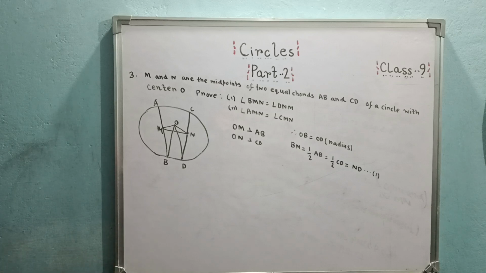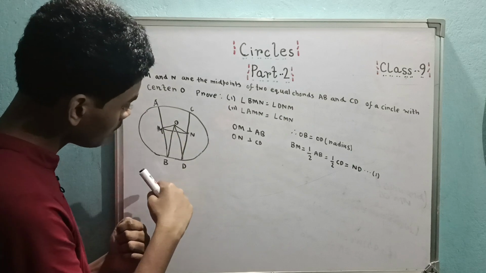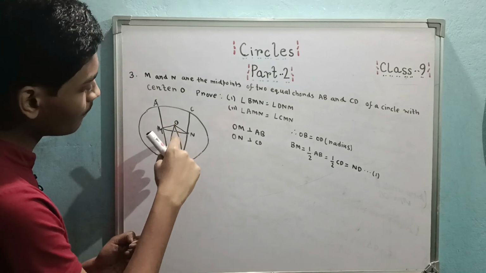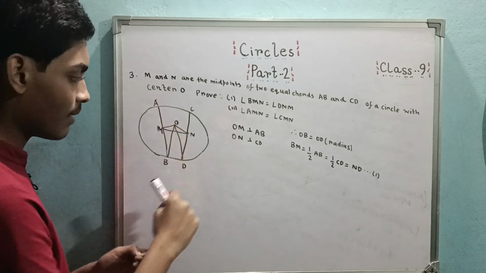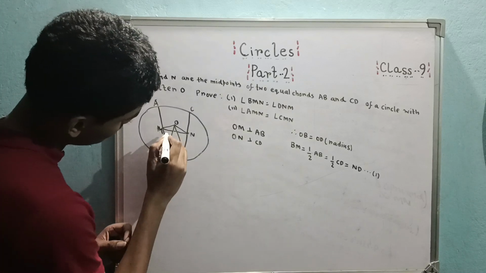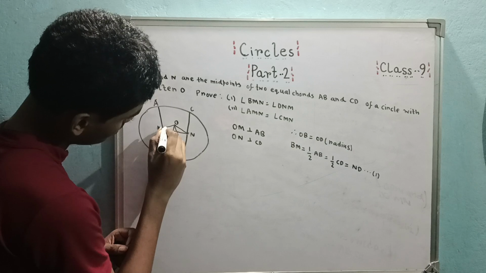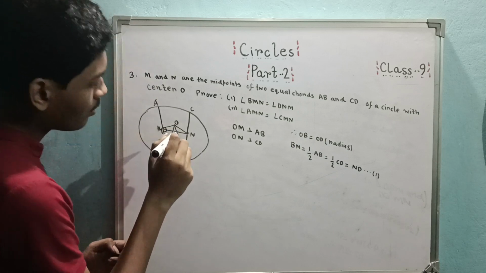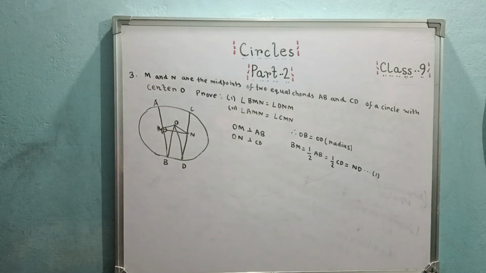Now, here one more thing we are going to see. So we have two triangles if you observe, and as OM is perpendicular to AB, this angle, this one, so OMB is a right angle triangle.